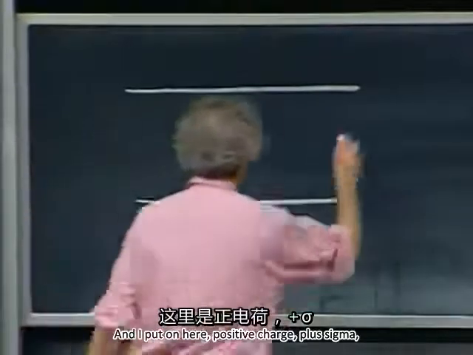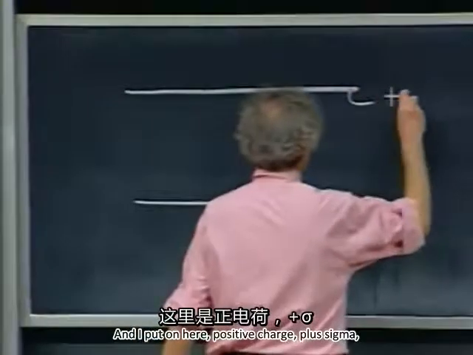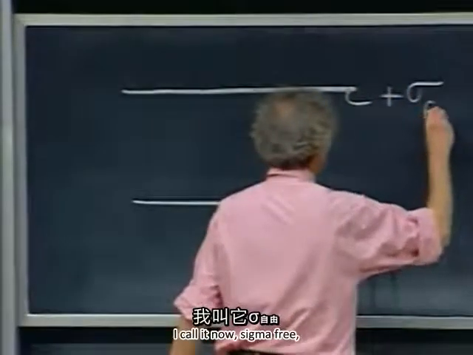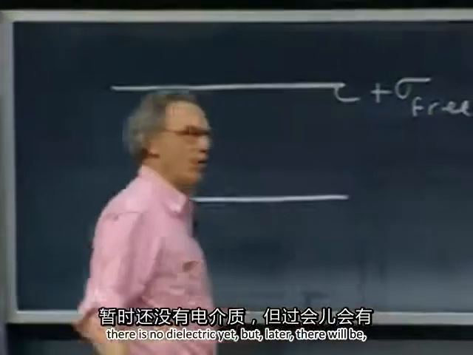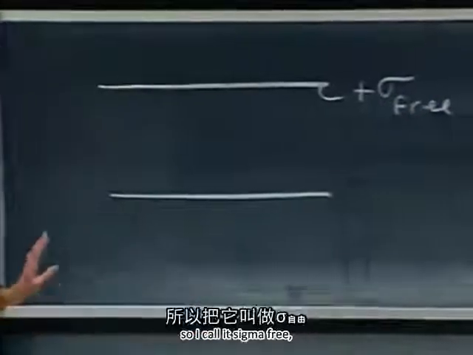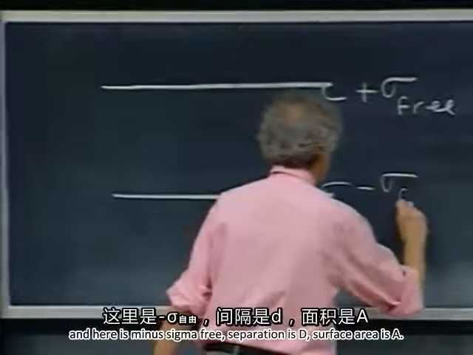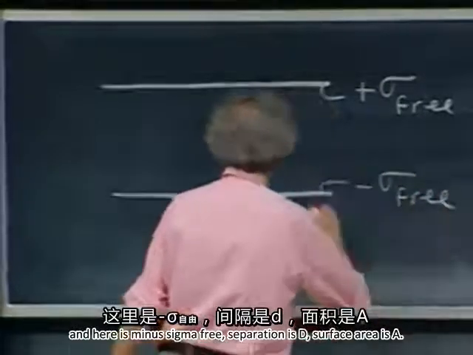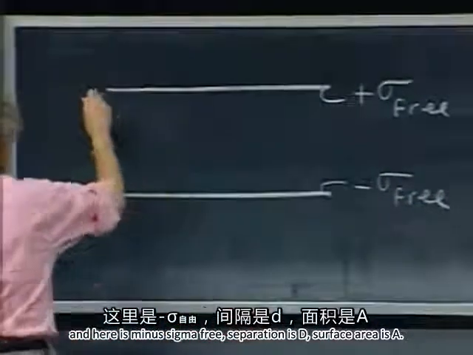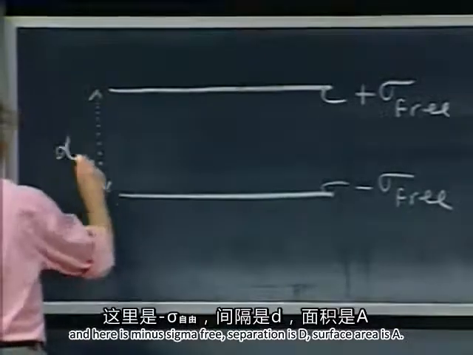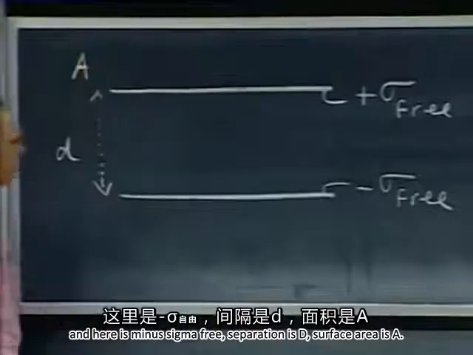And I put on here positive charge plus sigma. I call it now sigma free. There is no dielectric yet, but later there will be. So I call it sigma free. And here there's minus sigma free. Separation is D. Surface area is A.